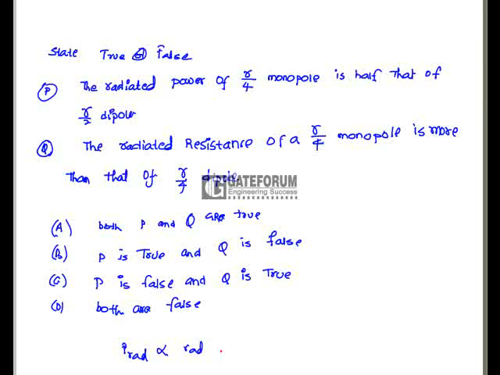Hence, the radiated power of R by 4 monopole is half that of R by 2 dipole. Hence, statement P is true. Coming to statement Q. The radiation resistance of R by 4 monopole is more than that of R by 4 dipole. It's not true because the radiation resistance of R by 4 dipole is more than that of R by 4 monopole. Hence, statement Q is false. That is, option B is correct.